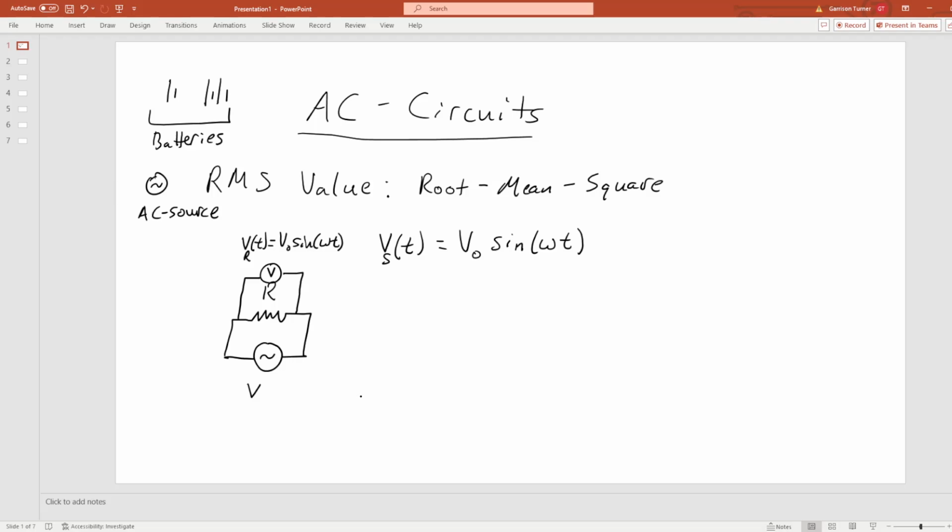That's from Kirchhoff's loop rule, right? Whatever the voltage across your source is, that has to be the same voltage across the resistor, or else Kirchhoff's loop rule is violated. And we cannot have that. So these two have to be coincidental. For resistors, these absolutely have to be coincidental.